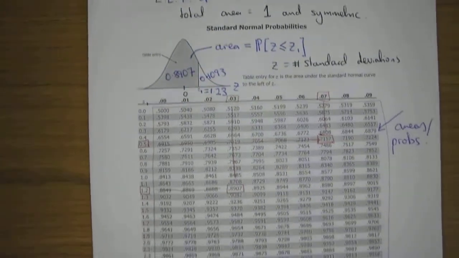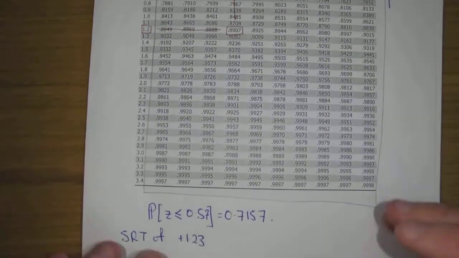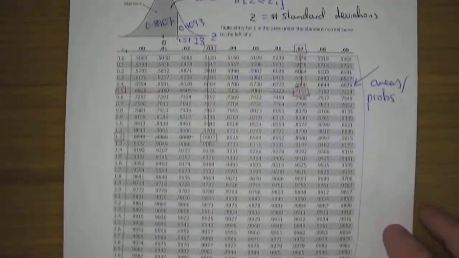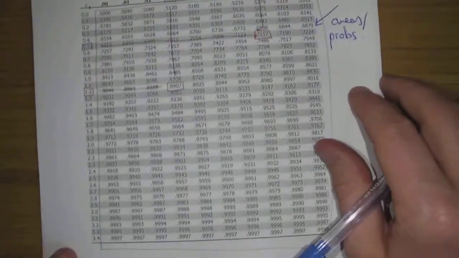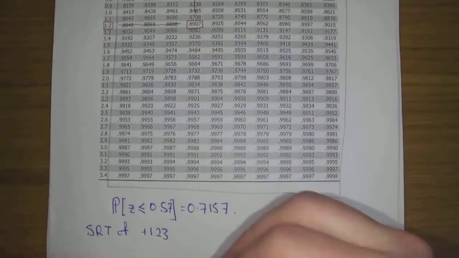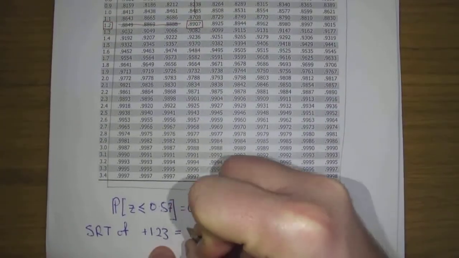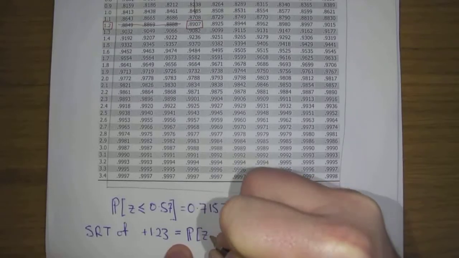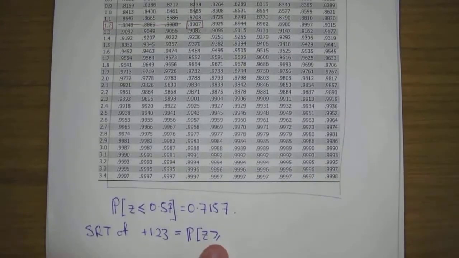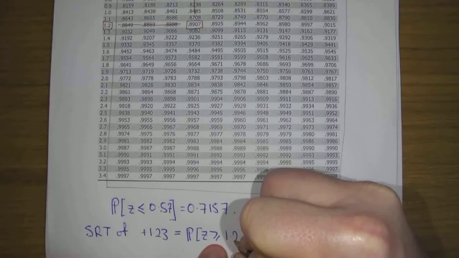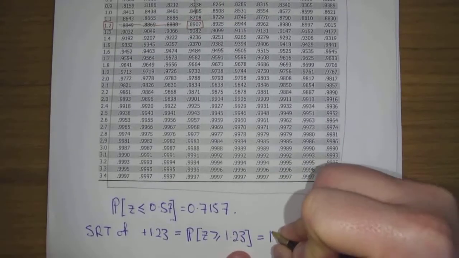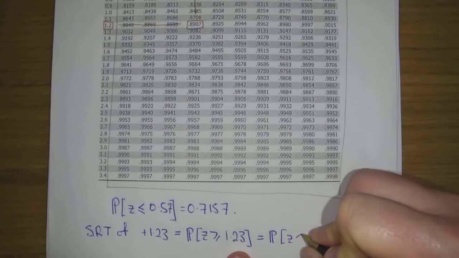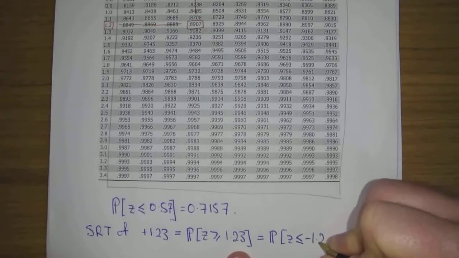And we've got a symmetry as well. So the short right tail of 1.23, that's this area here. I could write it's 1 minus the long left tail, that's fine. But this is equal to, say, the probability that Z is greater than, and it doesn't matter if I include the equals, 1.23, which is actually the same as the probability that Z is less than minus 1.23.